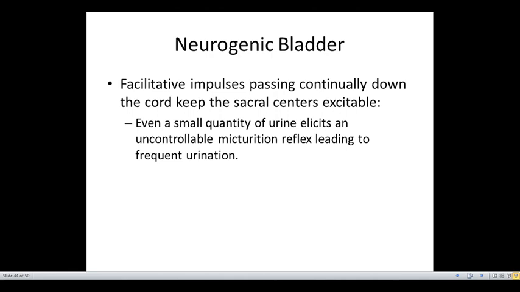Therefore, facilitative impulses passing continually down the cord keep the sacral centers excitable. So excitable that even a small quantity of urine elicits an uncontrollable micturition reflex, leading to frequent urination.